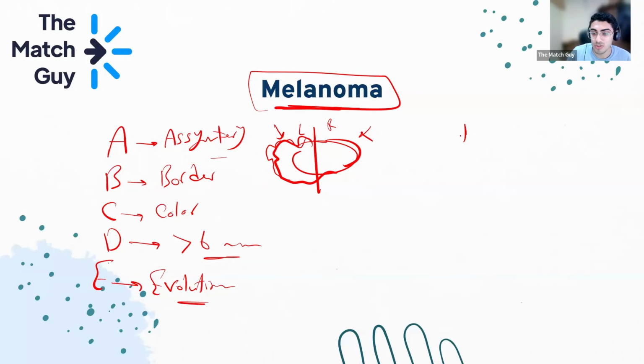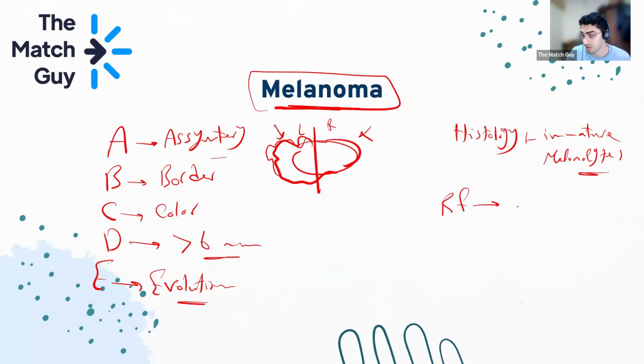So what would be the histology for melanoma? Obviously, you will see immature melanocytes. What about the risk factor? Again, the risk factor would be sun exposure. You need to be familiar with two types of melanoma.